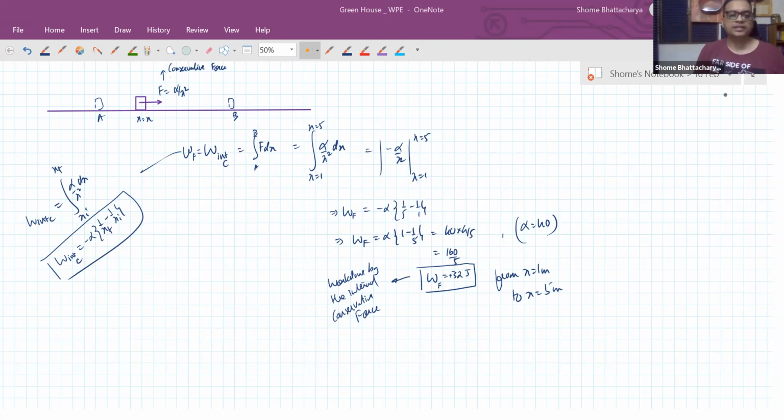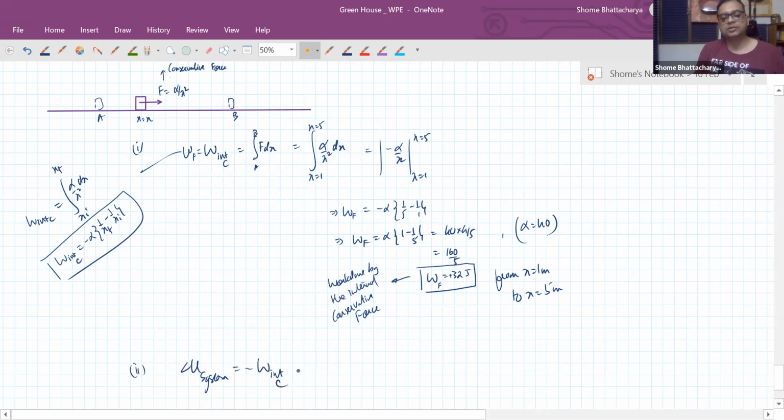Okay. Now the second thing is that because this force acting is conservative, we can define potential energy. So the delta U for this system will be negative of the work done by the internal conservative force, that is negative of work done by this particular force only.